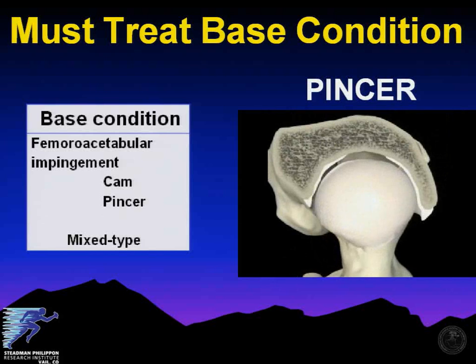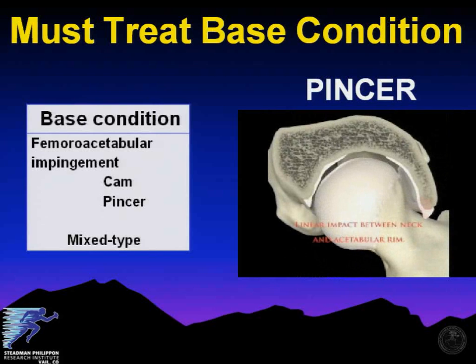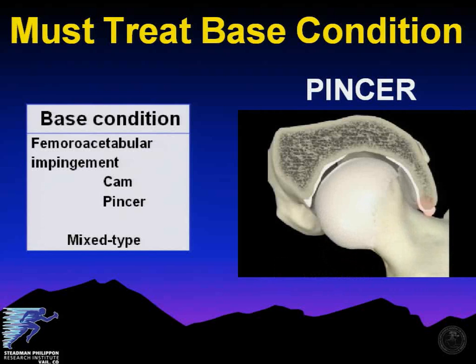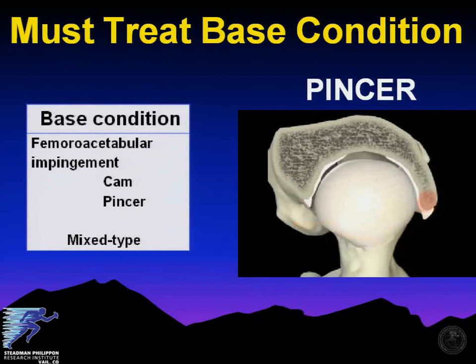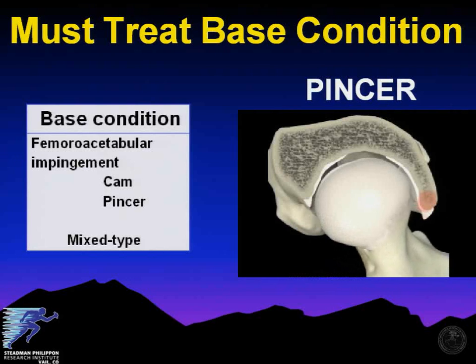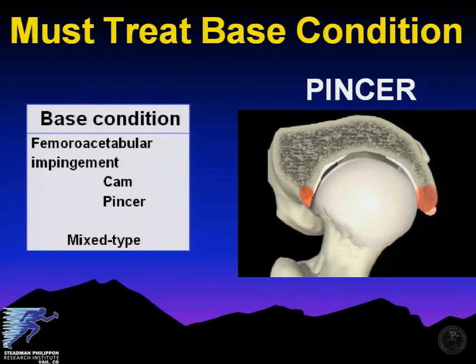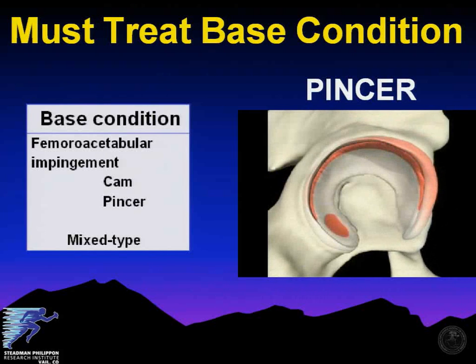What you're seeing in that situation is more a stable rim chondrosis, and then you have a contrecoup lesion because of the levering effect anteriorly in the posterior inferior portion of the acetabulum, and you'll see that as the head comes out here. So what you're addressing here is a little different. Your labral treatment will be different, but when you consider treating the person with this labral pathology, if it's a mixed type, which is most of the time, you have to take that into consideration for your rim treatment, and this is what you're seeing at the time of surgery.